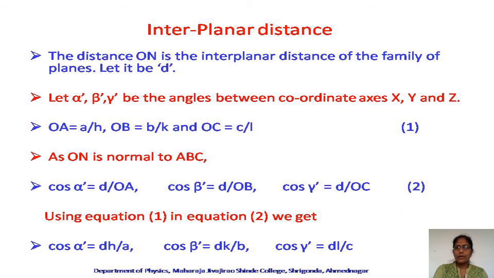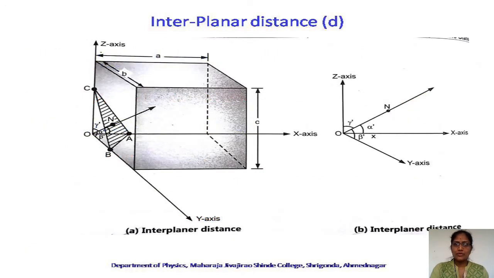Now we have to calculate cos gamma dash. Cos gamma dash, from this figure, is nothing but the cosine of the angle between ON and OC, that is gamma dash. Cos of angle gamma dash is equal to ON upon OC.